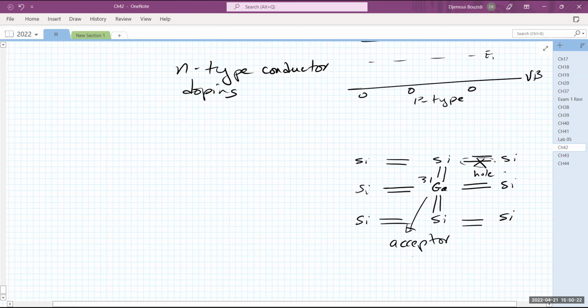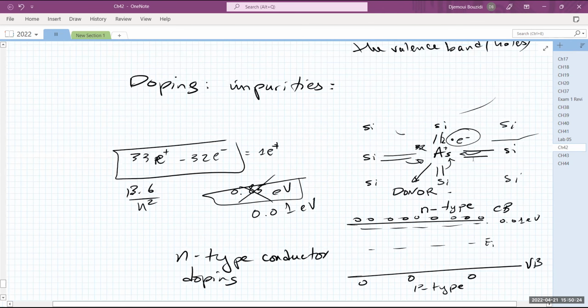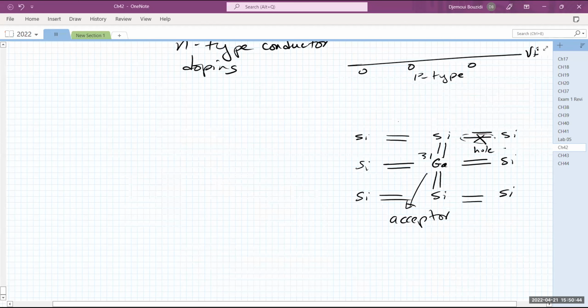Okay. Note, and it's very important, that the net charge in this case is still 0. Because yes, you introduced an arsenic, and arsenic has given an electron, but it already has an extra proton, so it's going to cancel anyway. So the net charge is 0. So it is here too.